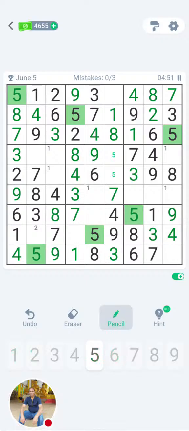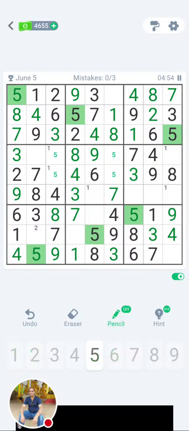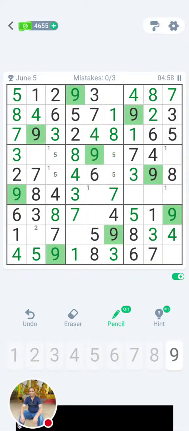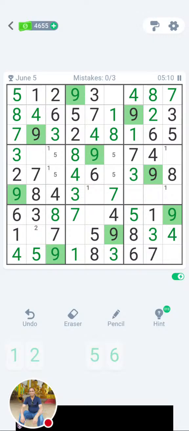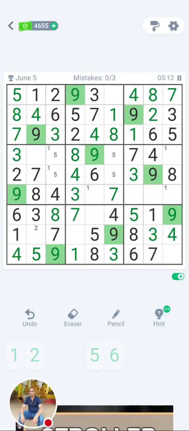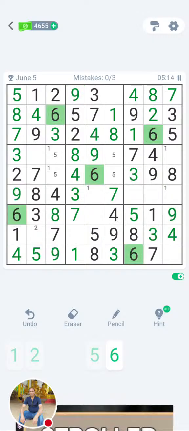Okay, 5 and 9, so 9, oh, 9 is over. So I've got only numbers 1, 2, 5 and 6 left. Oh, in the center grid, top row, only 1 number is missing. 1, 2, 3, 4, 5, 6 is missing.